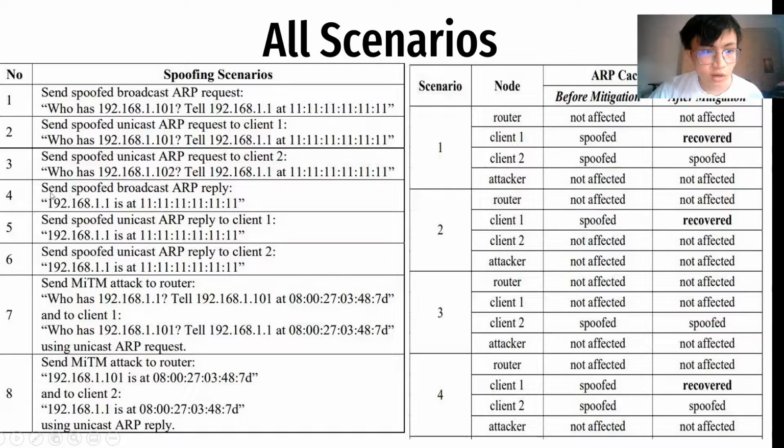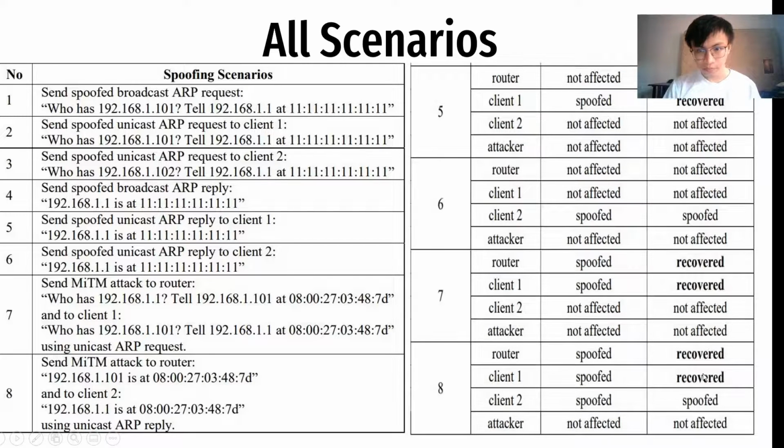The fourth one is the spoofed broadcast ARP reply to tell that it's at 11:11:11. So also 2 of the clients are spoofed, but only client 1 is recovered. For the fifth one, we use a unicast ARP reply to client 1.